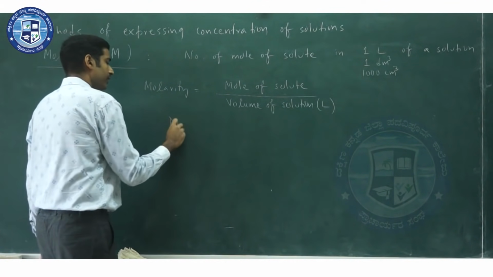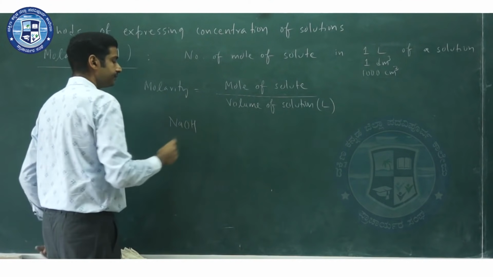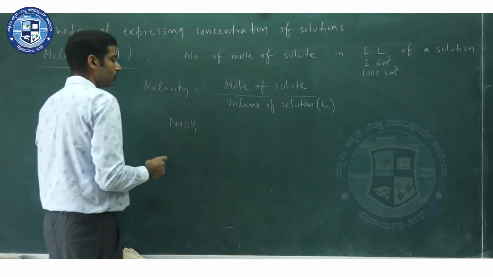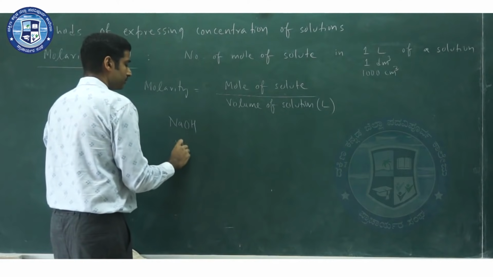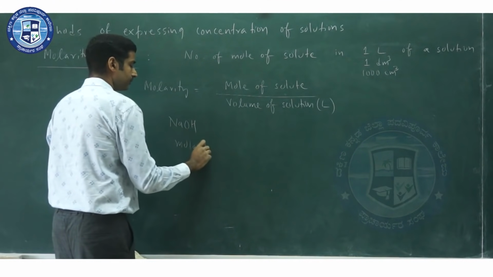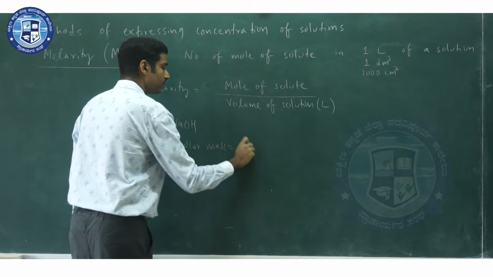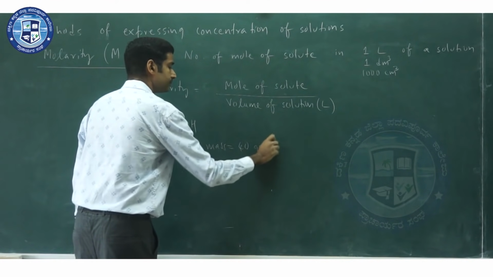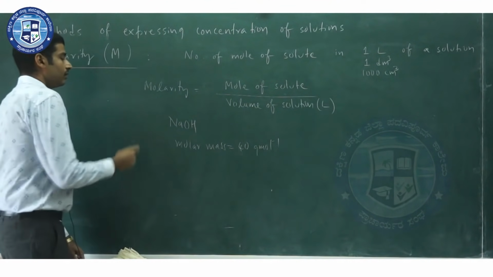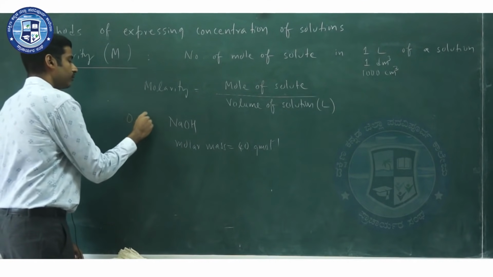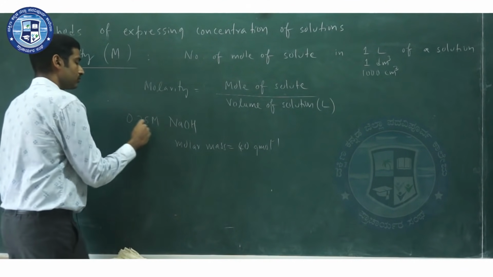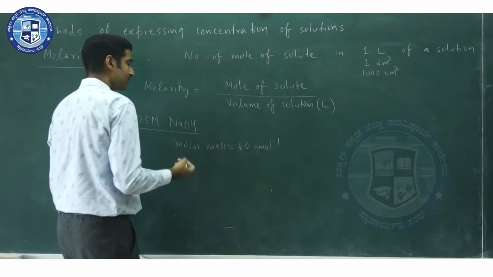Let me take sodium hydroxide, whose molar mass is 40 gram per mole. If I have a 0.25 molar solution of sodium hydroxide, what does it imply?